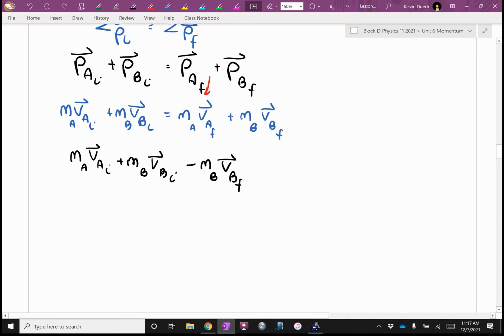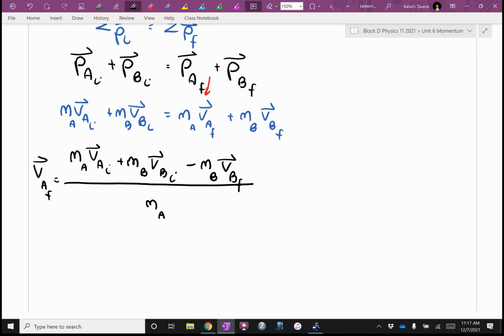So how will I move that M over? Now that's a pretty big rewrite. Don't kid yourself. I'm going to put the VA final on the left by itself where we're used to seeing it. That will tell me the velocity of car A after the collision.